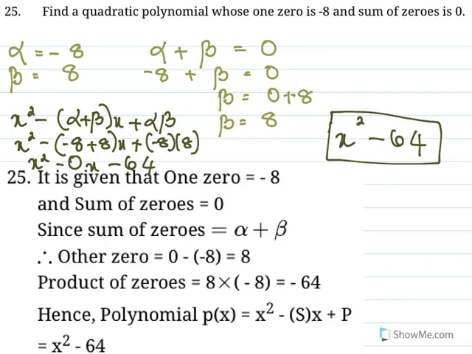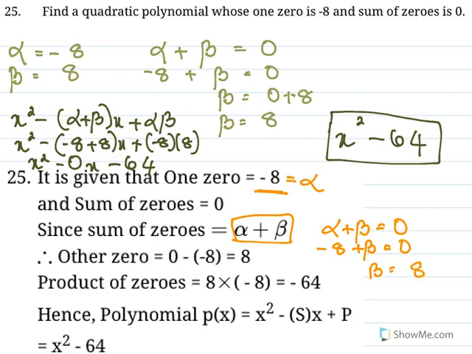The same thing is printed out here. If one zero is given as minus 8, which we take as alpha, and the sum of zeros is 0, that means alpha plus beta is 0. So alpha is minus 8, plus beta equals 0, so beta will be 8. So here is a polynomial, x square minus sum plus product. So you get x square minus 64.